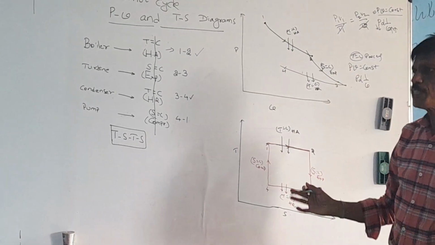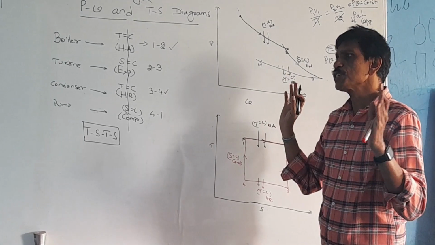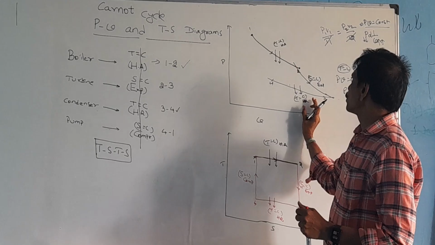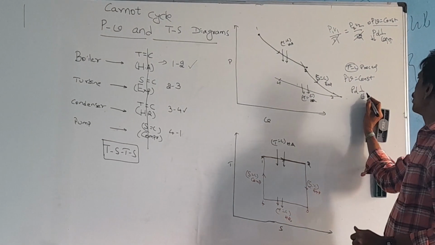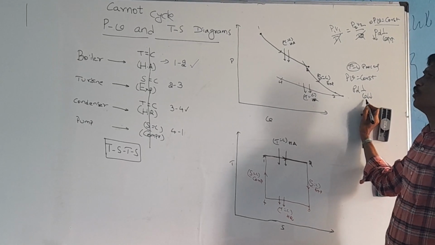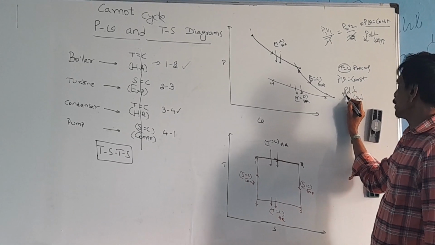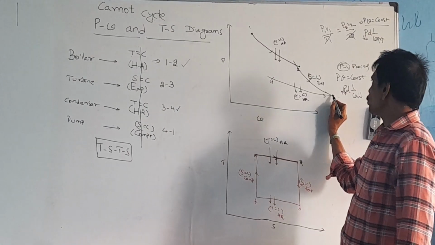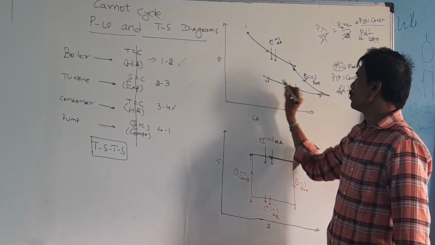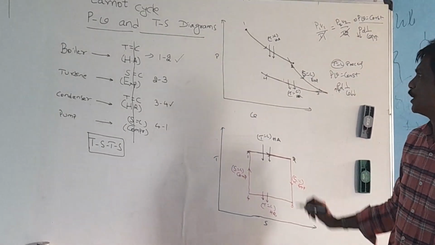Because of the heat rejection, you reject the heat from the system. Then what happens? The volume decreases. Whenever the volume decreases, the pressure increases. So we have to draw the curved line upwards from 3. So this is an isothermal heat rejection.